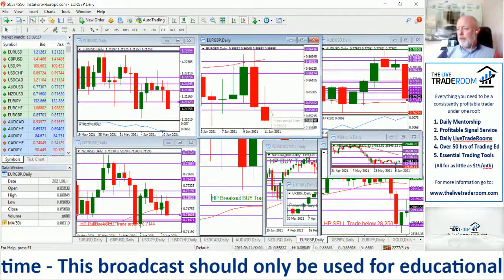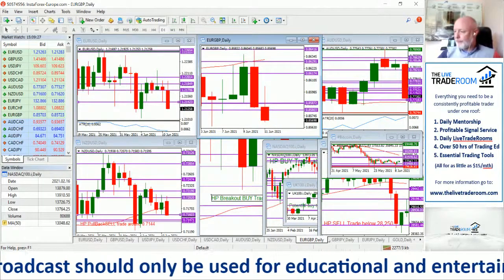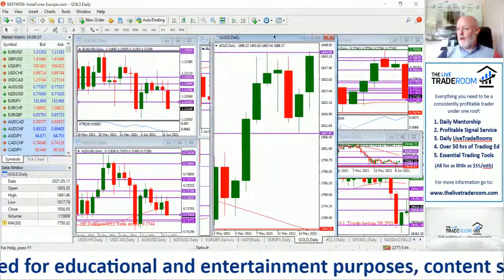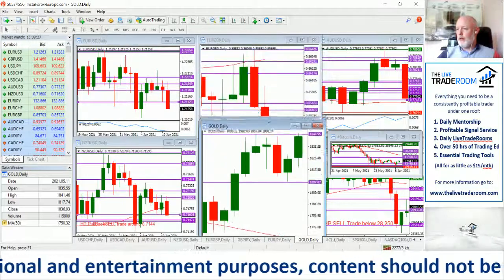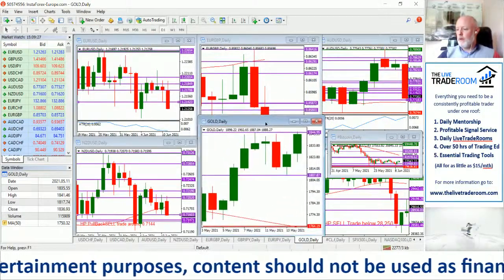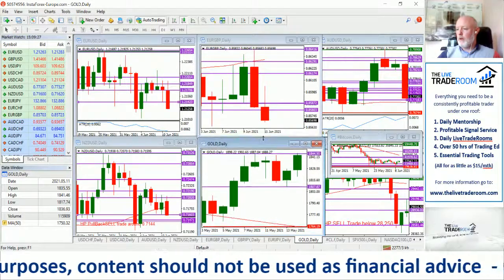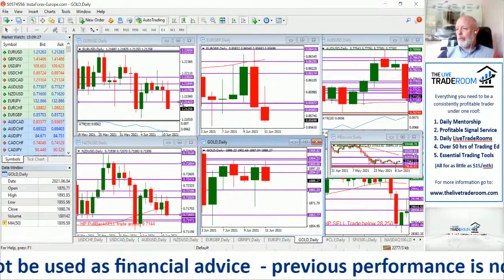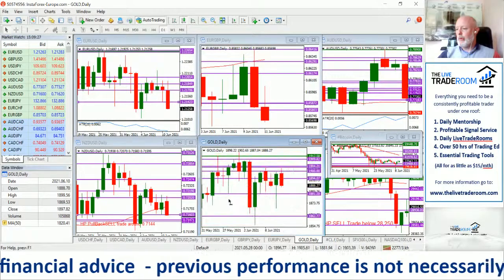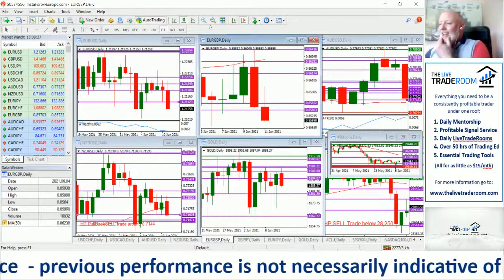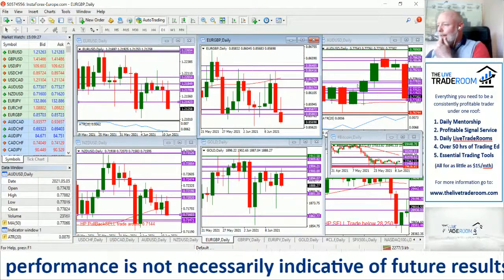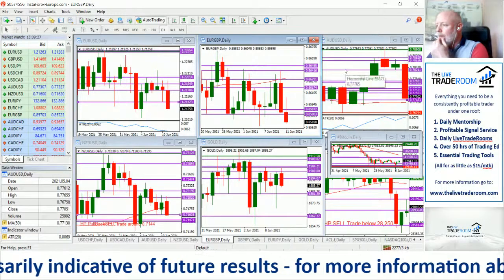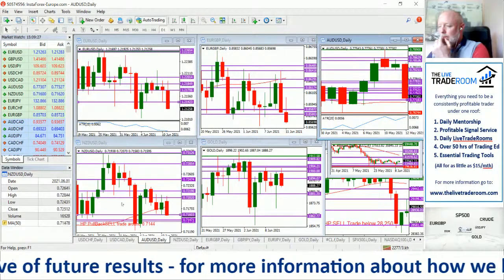We'll see if we get a little bit of a pullback maybe to get into a trade like that. Actually, gold is selling off quite significantly to the downside. We've got New Zealand down here.